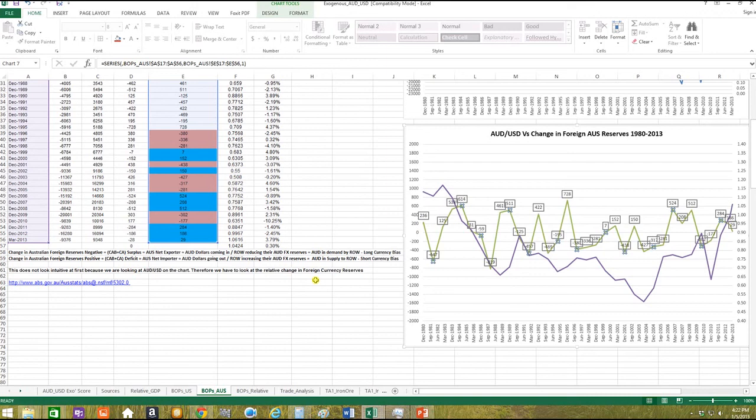Well, that's because we're looking at the Aussie dollar US dollar on the chart, and we're comparing it only to the Australian trade data. So Aussie dollar US dollar is a dynamic statistic, and the Australian trade accounts are obviously a static or absolute statistic. We're not comparing that data to the United States.